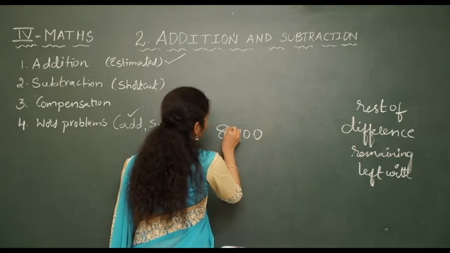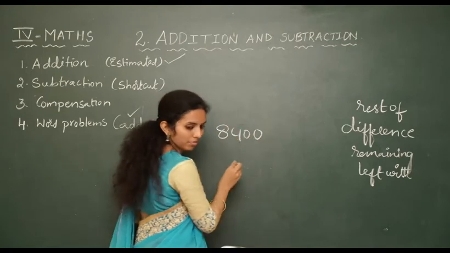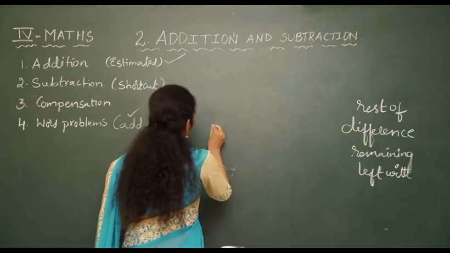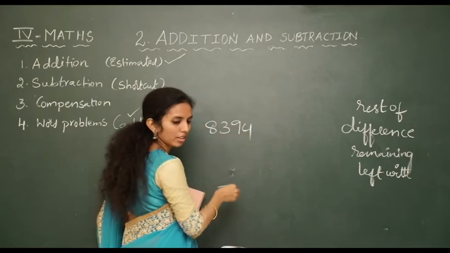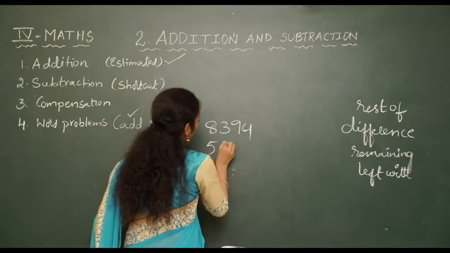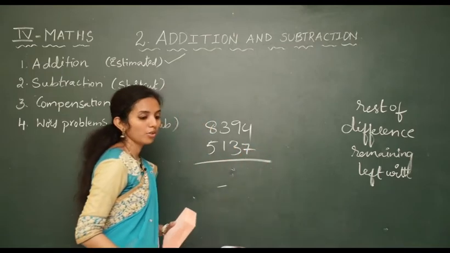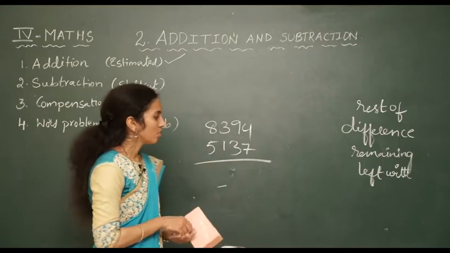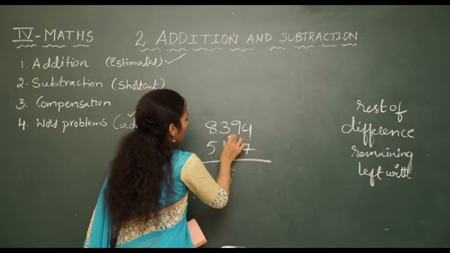8,400 and 8,394 and 5,137. So we have to round it up by nearest 100. So nearest 100, what is nearest 100? 3 is here, and after 3 it is 9.